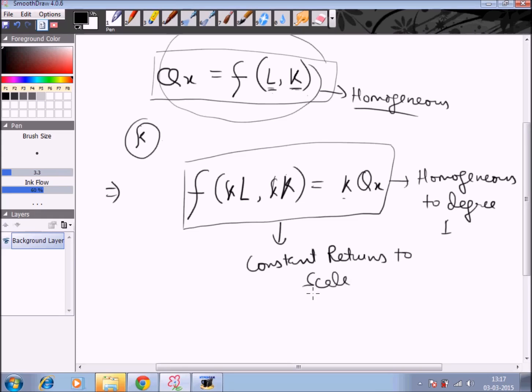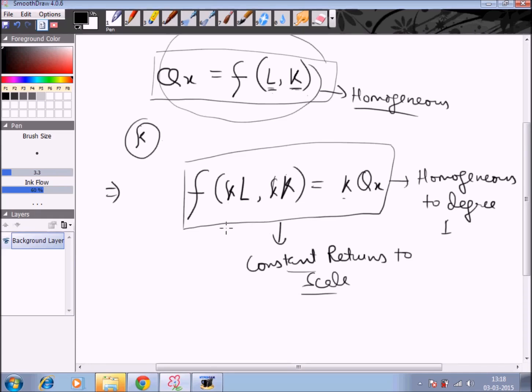If we revise, constant returns to scale means that the quantity of output increases in the same proportion as we increase the quantity of inputs. So this is a homogeneous of degree 1 production function.